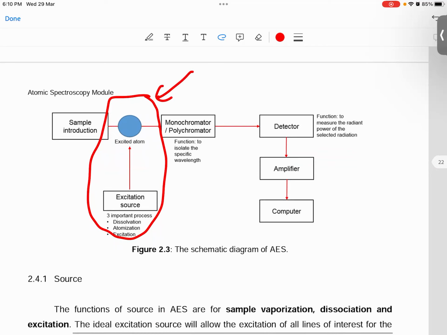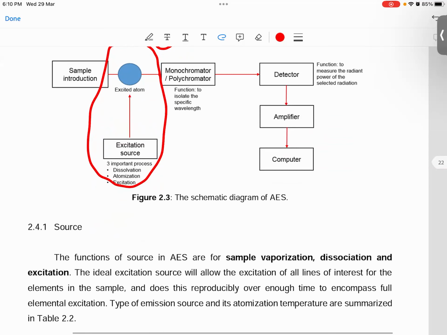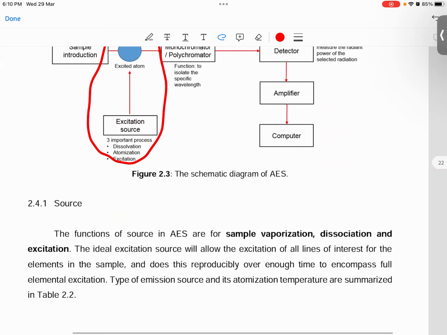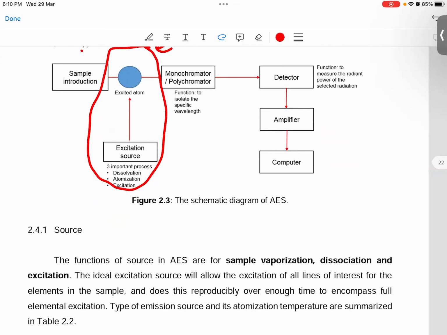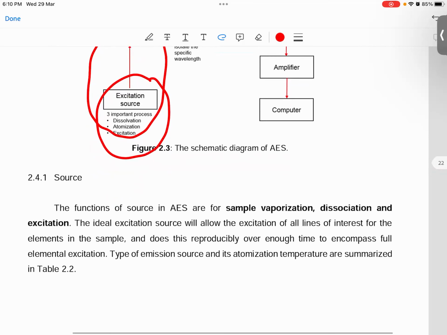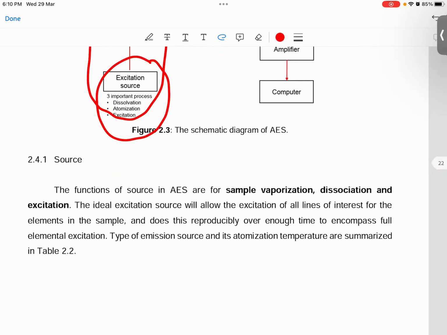So the functions of AES: this is the source for sample vaporization, which requires dissociation and excitation. The ideal excitation source will allow the excitation of all lines of interest.